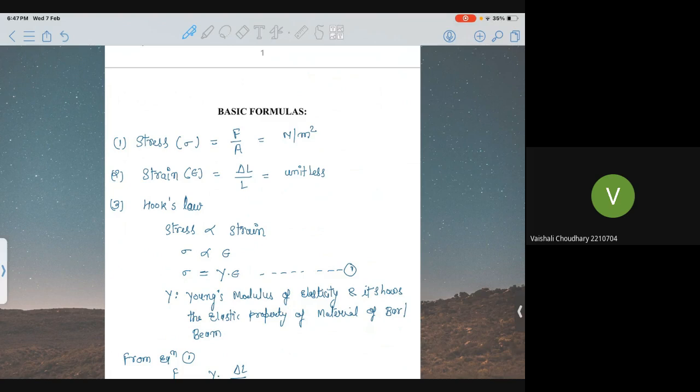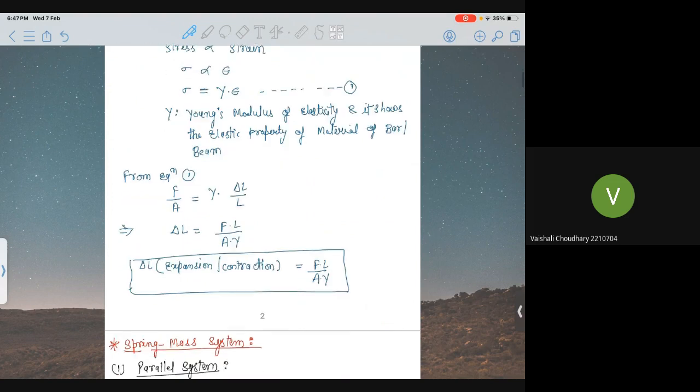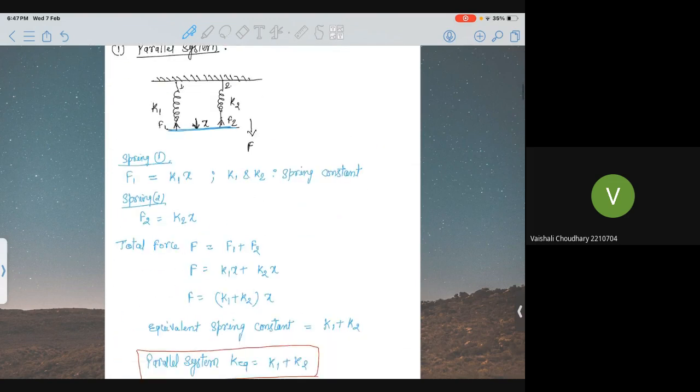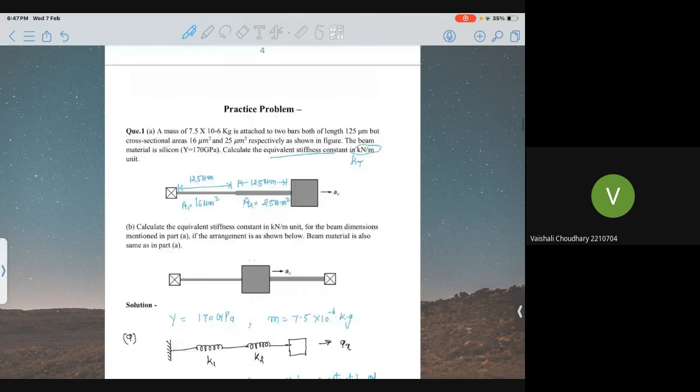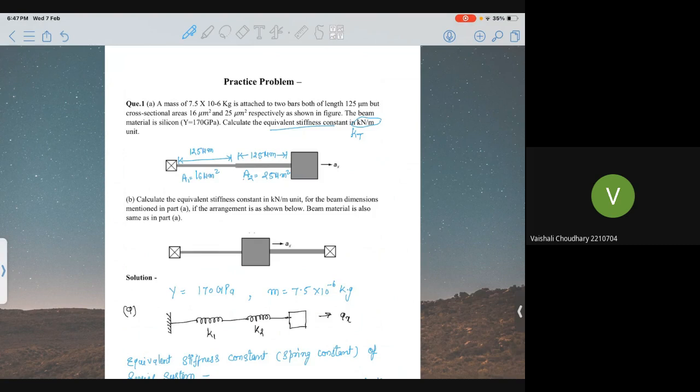We have seen stress, strain, Hooke's law, then spring mass system, and we have solved some practice problems based on this spring mass system.